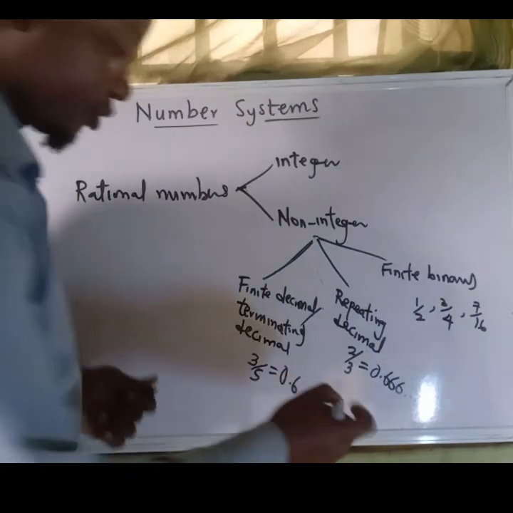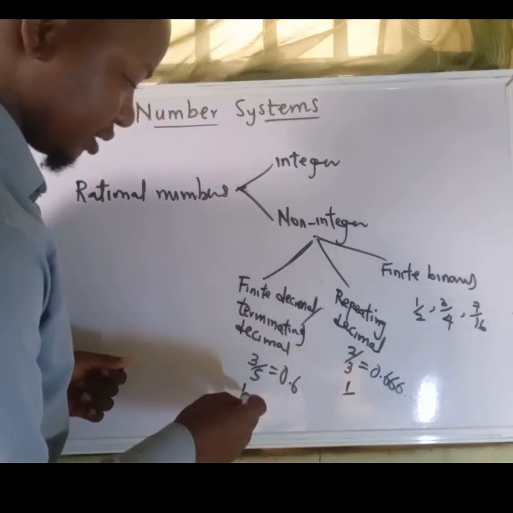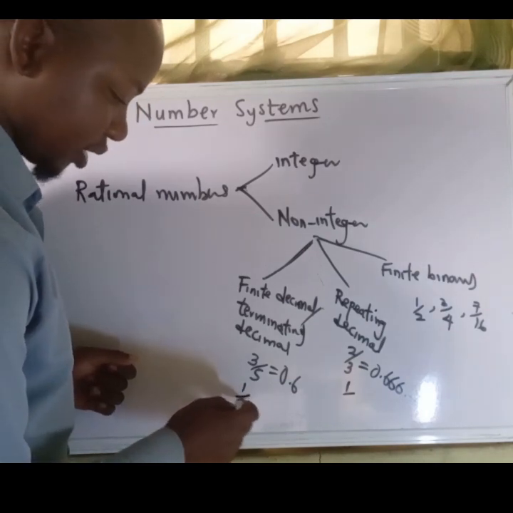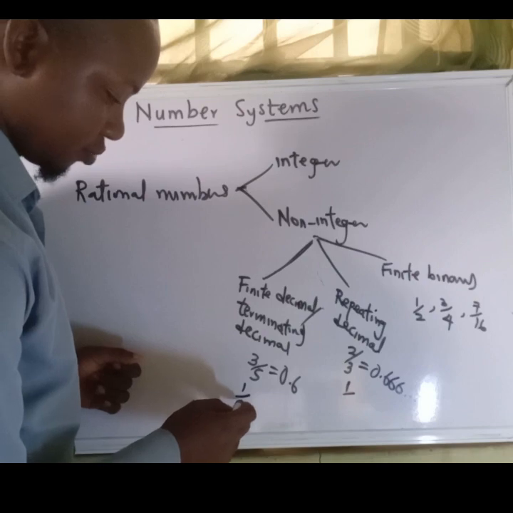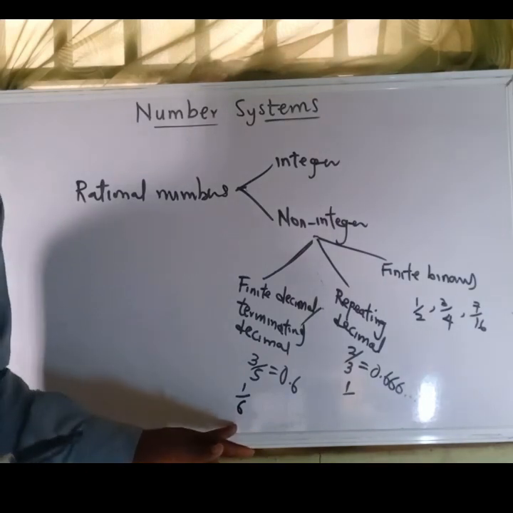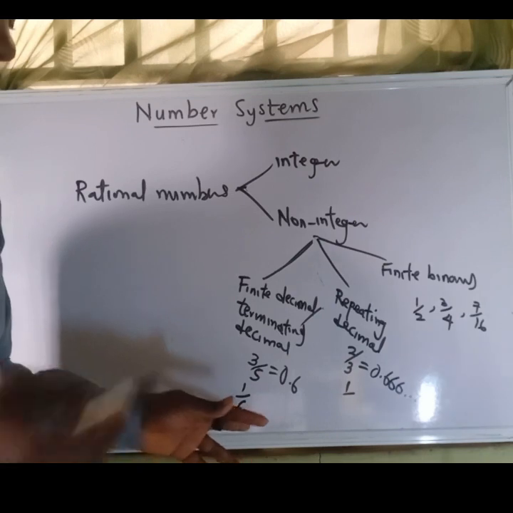Let me add more. Like here again we can see a number 1 over 6. If you look at this 6, it is not a multiple of 2. Though 2 is one of the factors, it's not a multiple of 2.